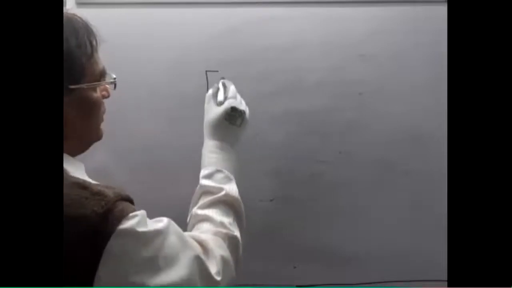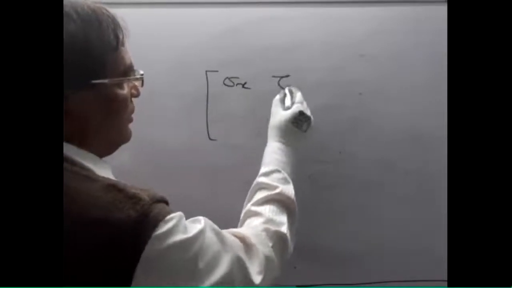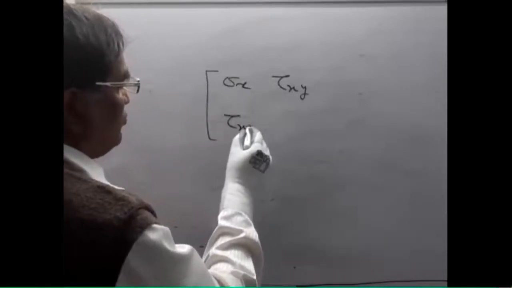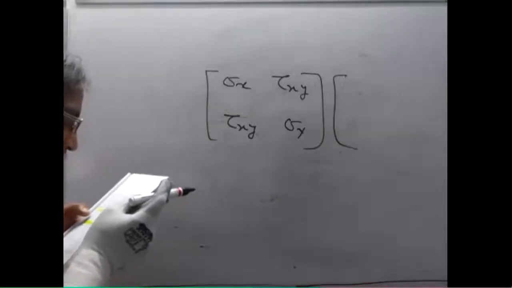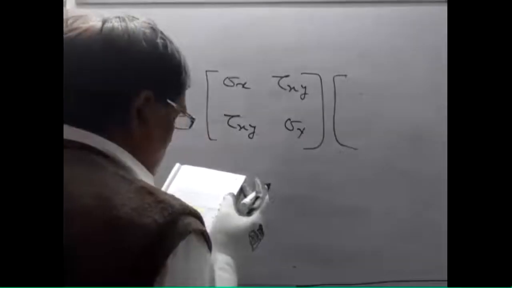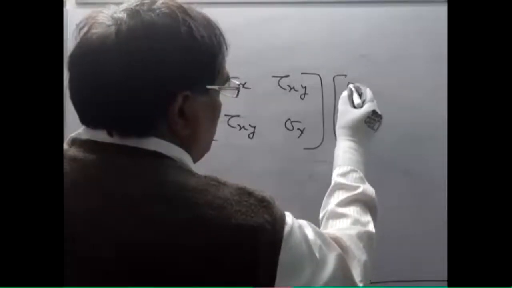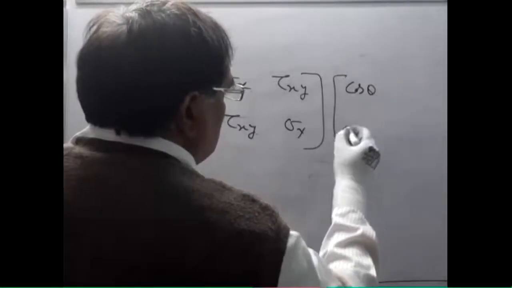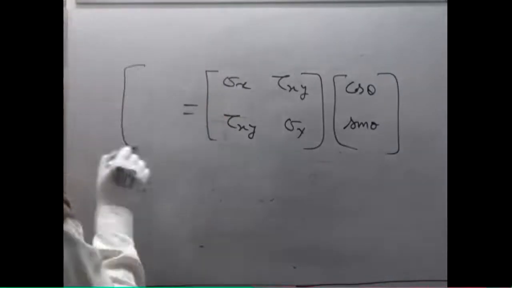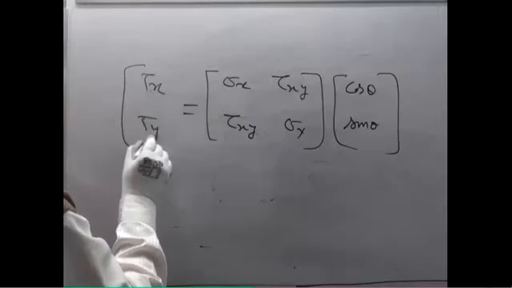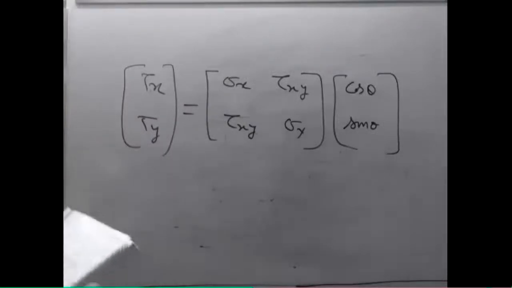So you can easily identify. Our matrix will be sigma x, tau xy, tau xy, and sigma y, and this will be multiplied by the normal vector, cos theta, sin theta, and it will give you tx.